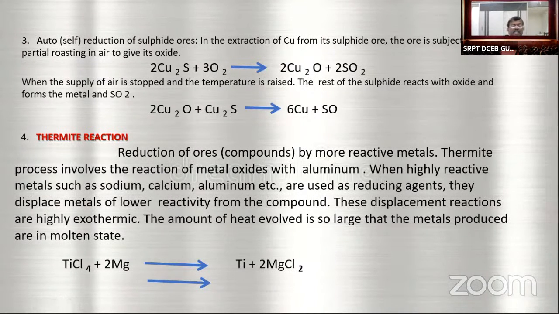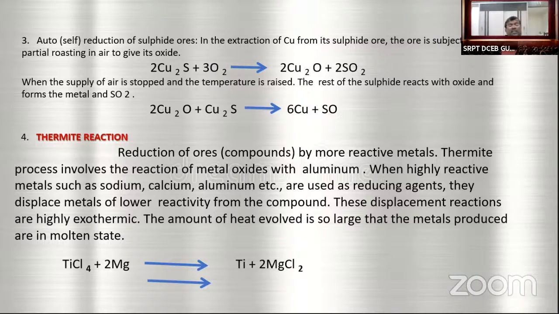In this reaction, what happens? A huge amount of heat is evolved. It is so huge that the metal reduced in this process converts into a molten state. So such a huge amount of heat is produced in this reaction.